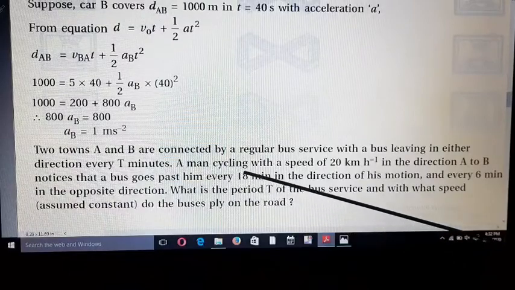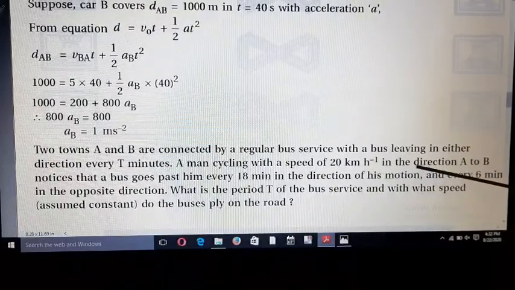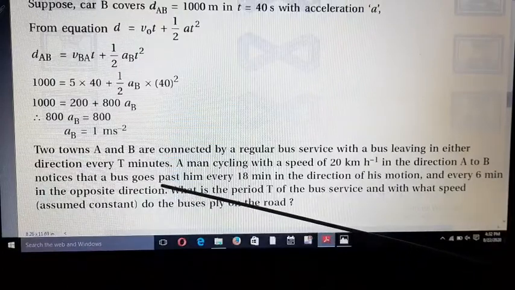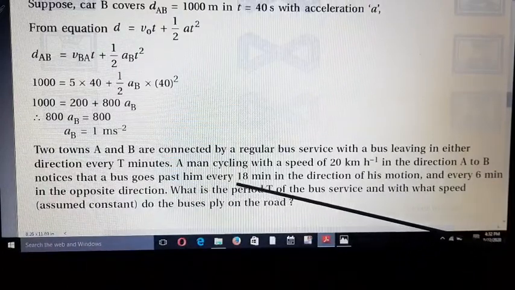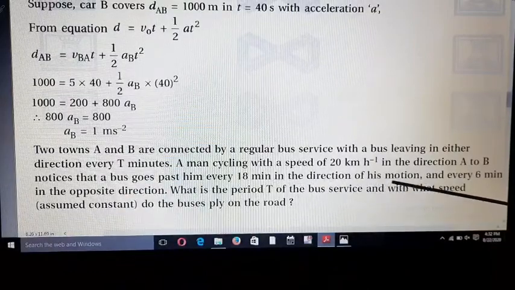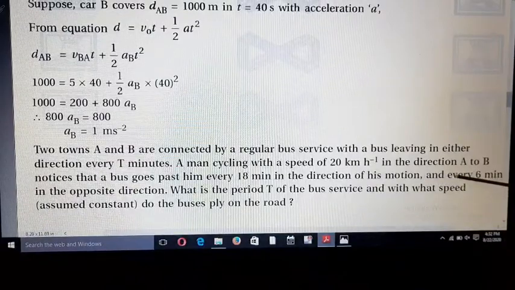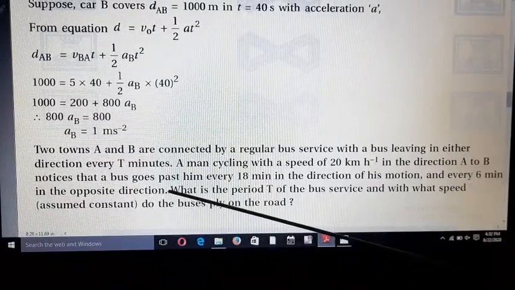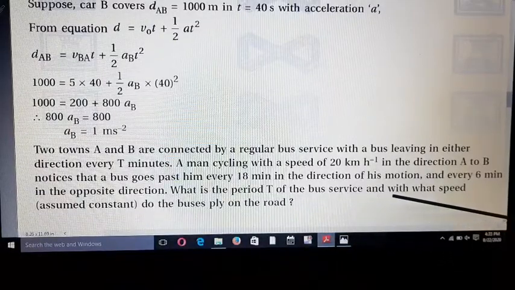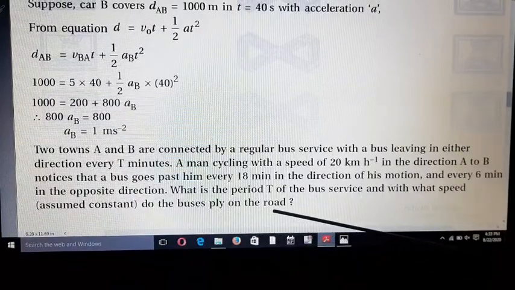A man cycling with a speed of 20 km per hour in the direction A to B notices that a bus goes past him every 18 minutes in the direction of his motion, and every 6 minutes in the opposite direction. What is the period t of the bus service and with what speed do the buses ply on the road?